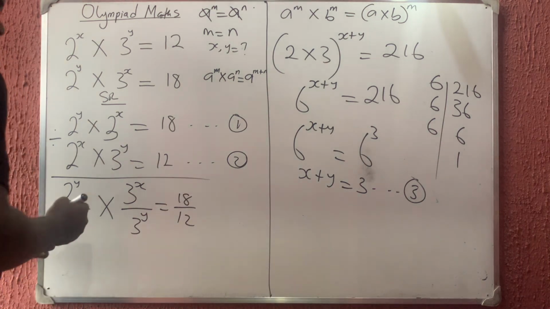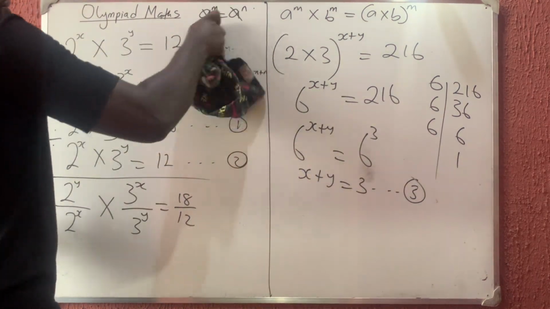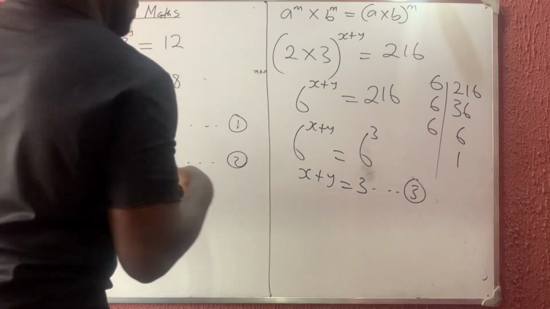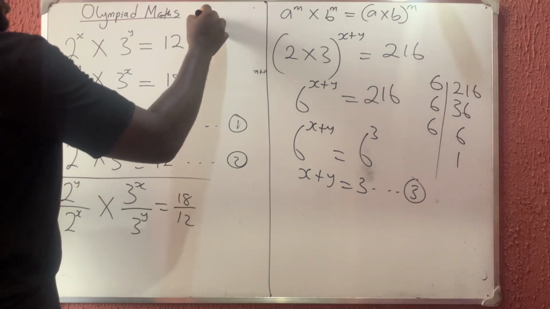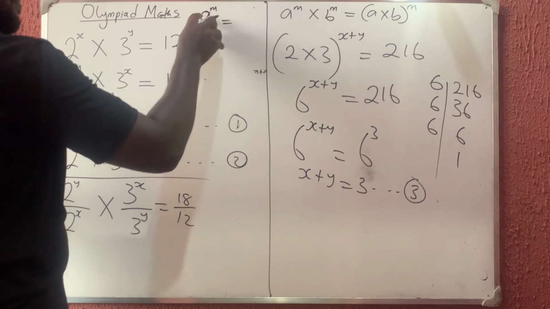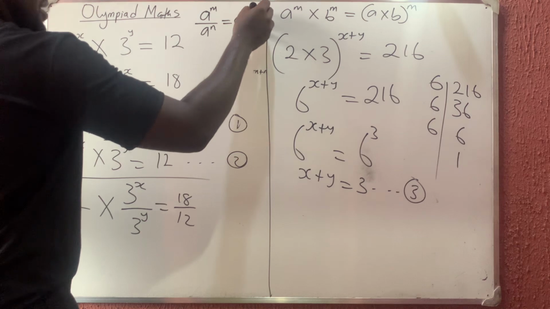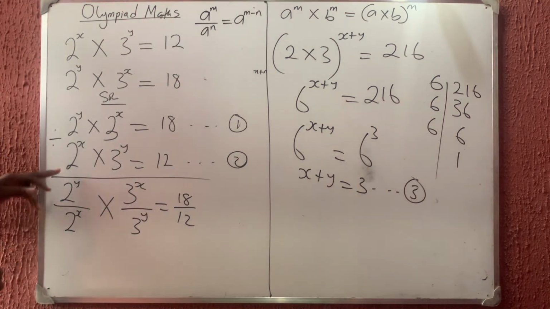According to the law of indices, if I have a raised to power m divided by a raised to power n, as far as the bases are the same and you have division, you just subtract the powers, m minus n. So this is what we are going to apply here.